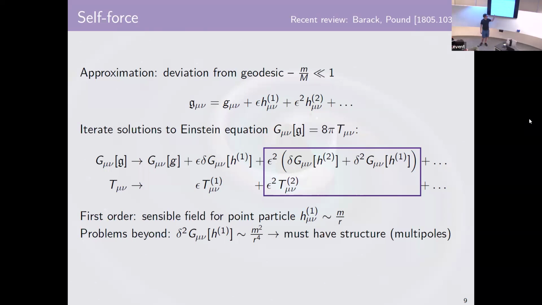But yes, even this review that I've cited there starts off with electromagnetism as a motivating example. The idea is the same. Yeah, it's nothing else but higher multipoles. Exactly. It is just amusing that as long as you start with a point particle, you are forced to introduce multipoles.